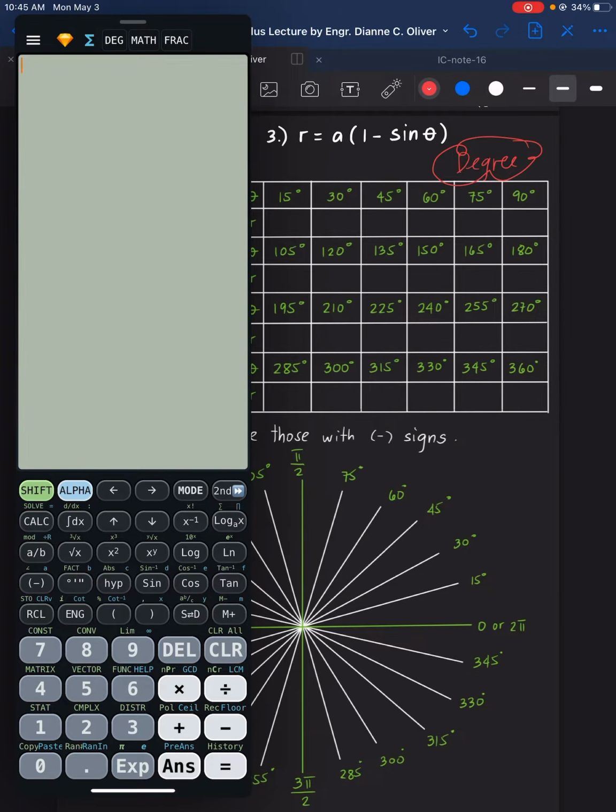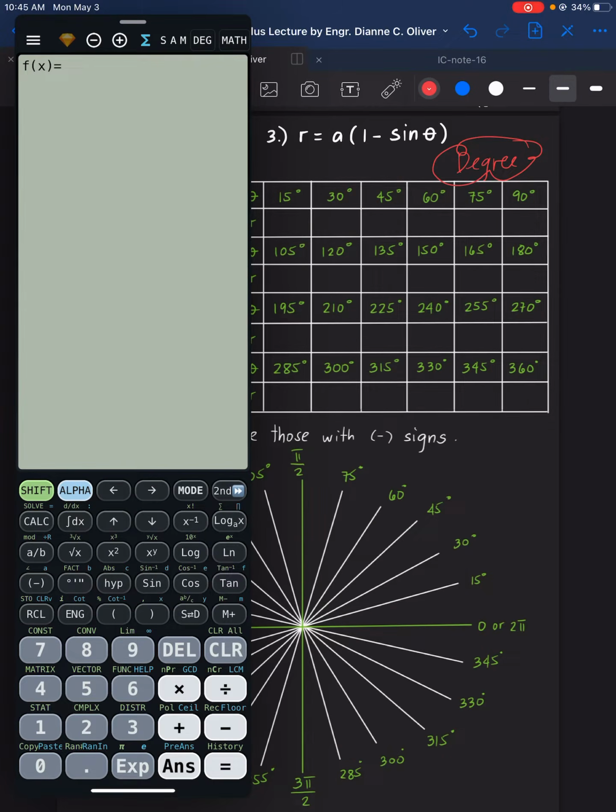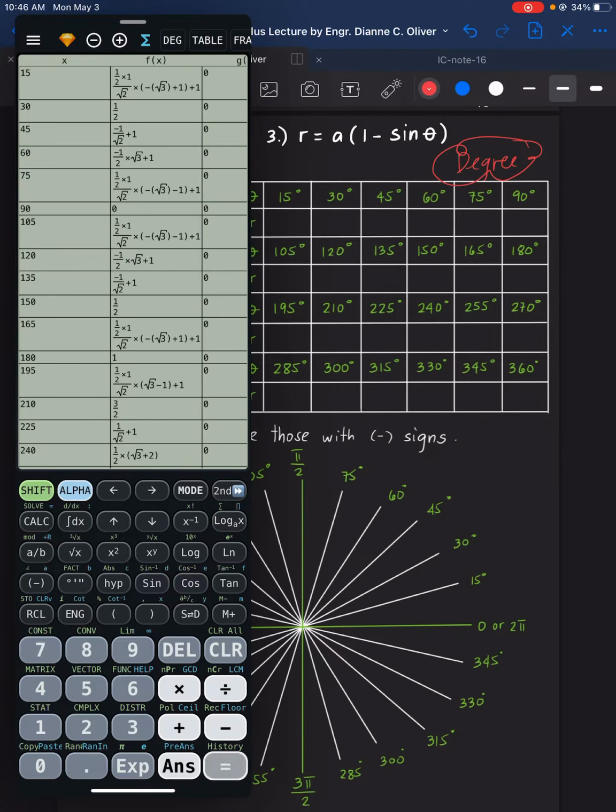So we have there a times 1 minus sine alpha x, from 15 to 360, step 15. There you go.